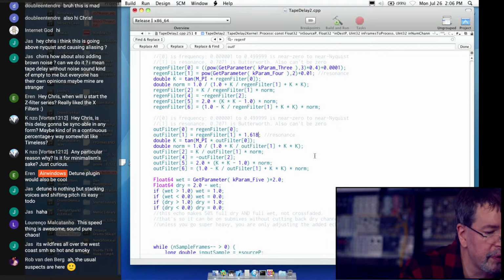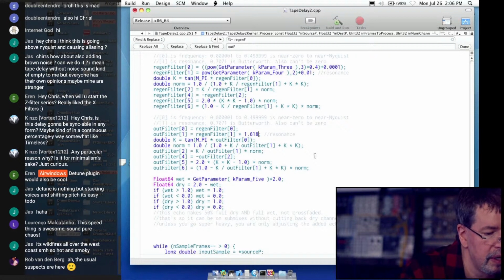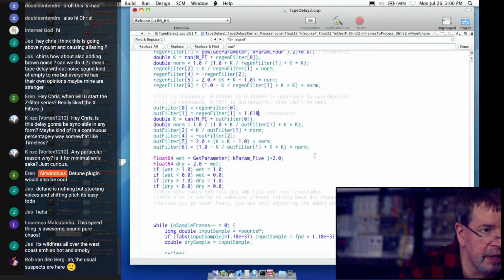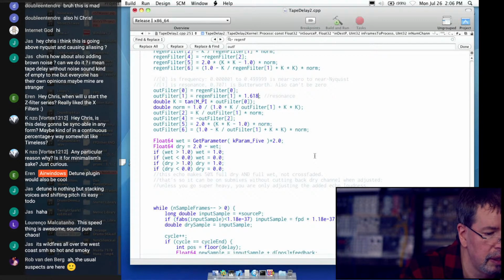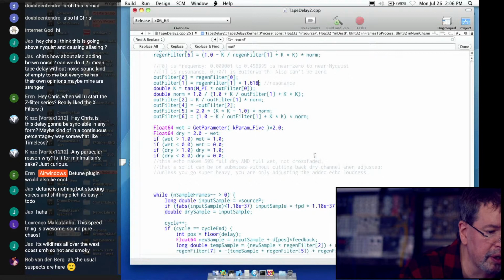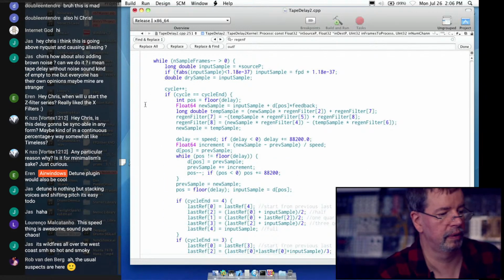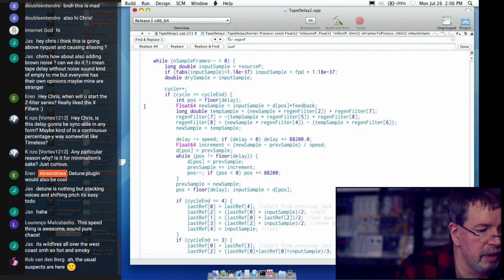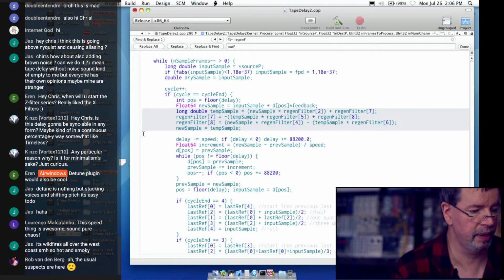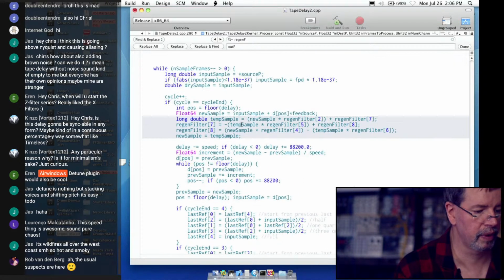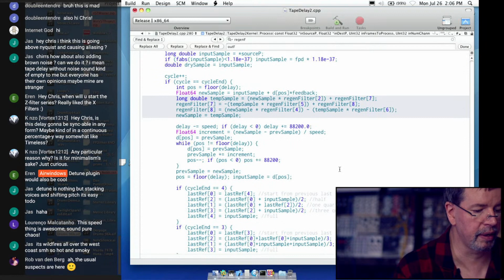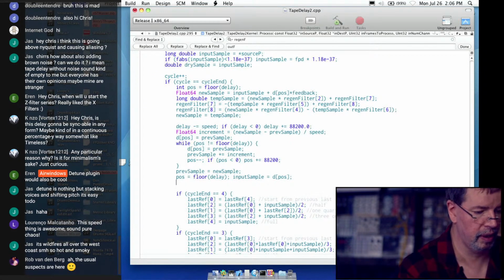So the output filter is going to be tighter than the regen filter. So we get the quality of it, but it doesn't jump on the regeneration so hard. You'll hear what I mean when I actually make this work. And regen filter, all very well. Yes, yes, fine. And where did I get? Here is where I got.